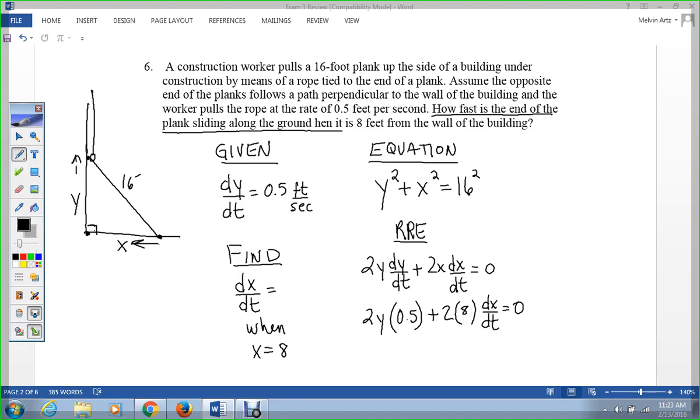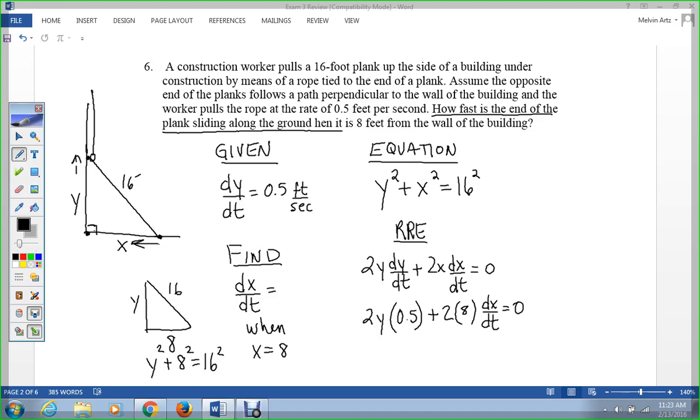Well, looking back at our triangle, we know that at this instant, x equals 8. We know the hypotenuse is always 16, so we're trying to find y at this instant. So we could use the Pythagorean theorem. y squared plus 8 squared equals 16 squared.